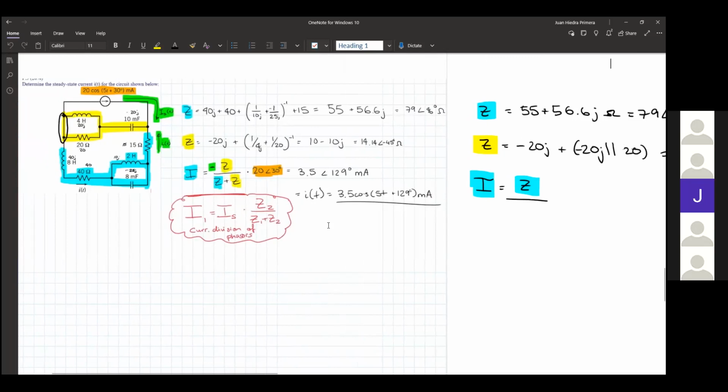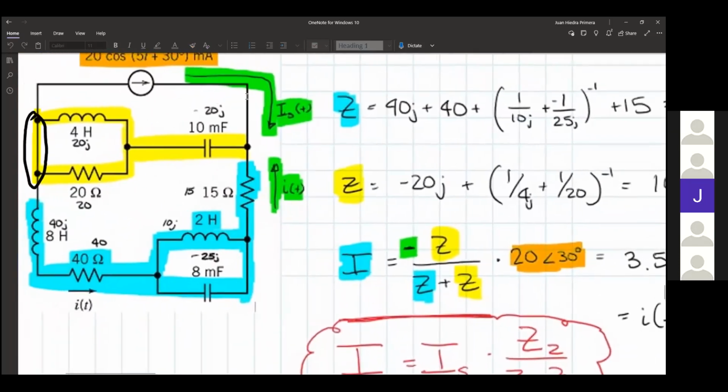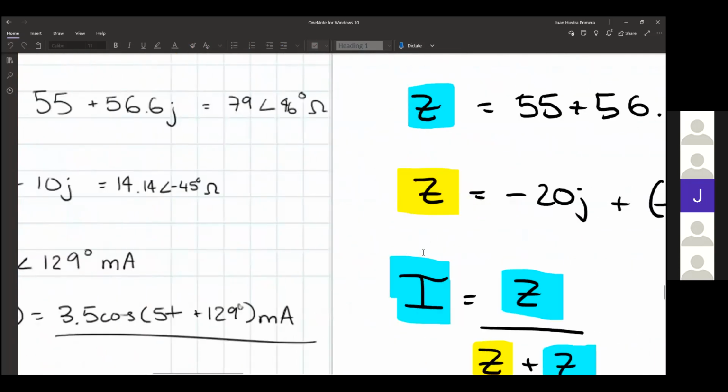We add the impedances as if they were in series. And the reason we do it is because we're looking for the ratio between the one that we took versus the other ones that we have. But do note that IFT is actually going in the opposite direction as the current from the source. So if you see, the source sends the current this way, but IFT goes in the opposite direction. So you actually need a negative.